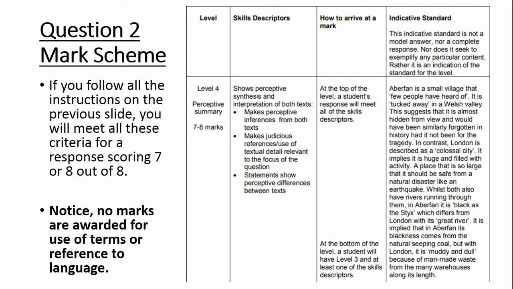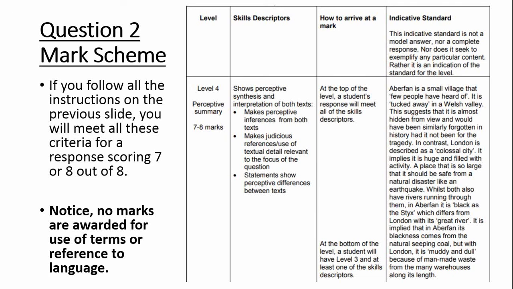So, if we look at the criteria here then, in the skills descriptors column, the second column, it says then that you will show perceptive synthesis and interpretation of both texts. By synthesis, it means simply taking information and putting it into your own words, which is what the explanation is all about.